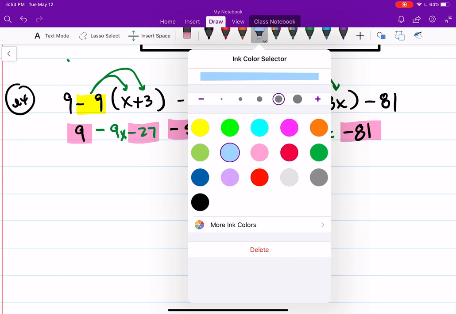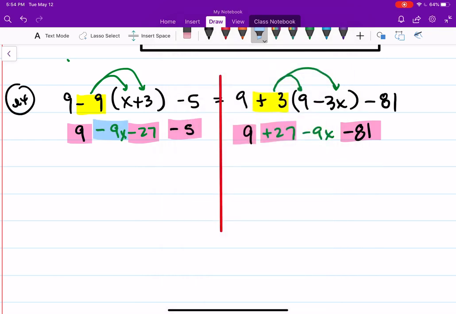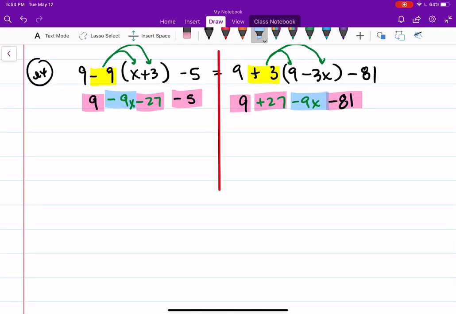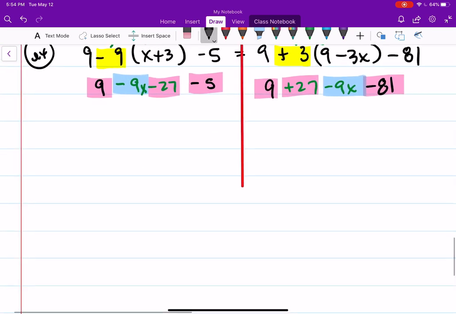And in blue, they're all by themselves anyway, so perfect. So on the left side here, I have a -9x.